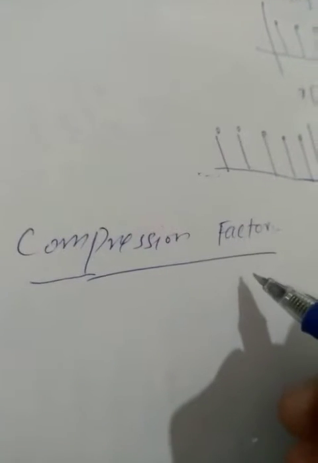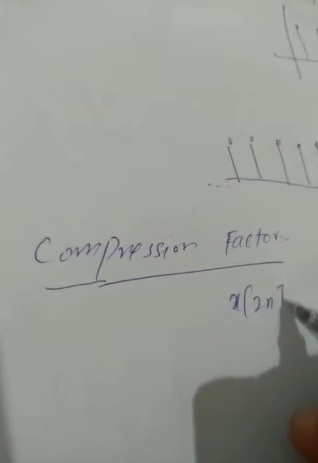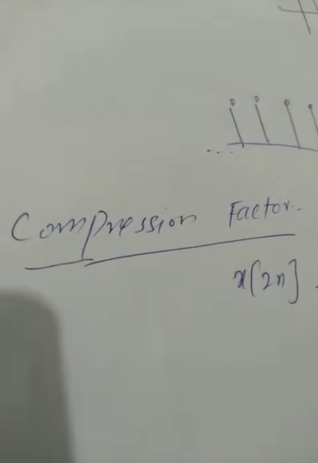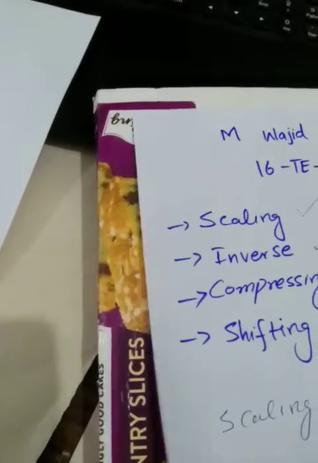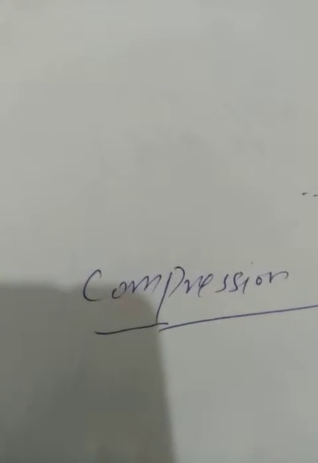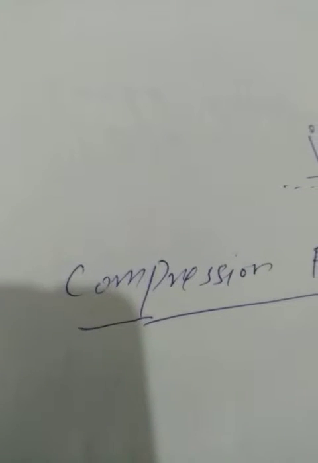For example, if we multiply our system by the values, then it will be compressed. If we divide our system by the values, then it will decompress, it will expand.